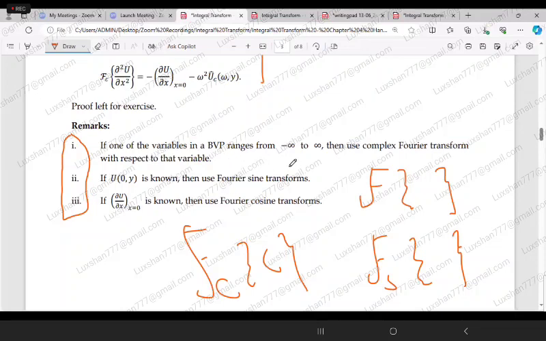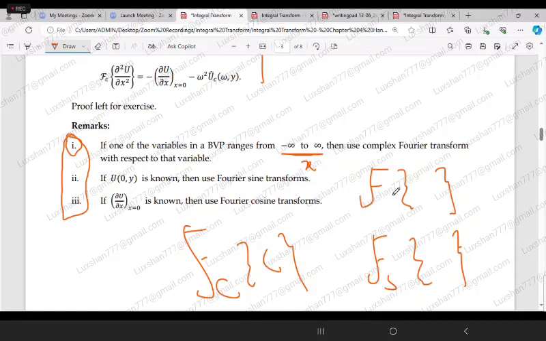If one of the variables in the boundary value problem is from minus infinity to plus infinity, that is, if our x variable is minus infinity to plus infinity, then we have to use the Fourier complex transform. If u(0, y) is known, depending on the question, you have to choose one of these three.